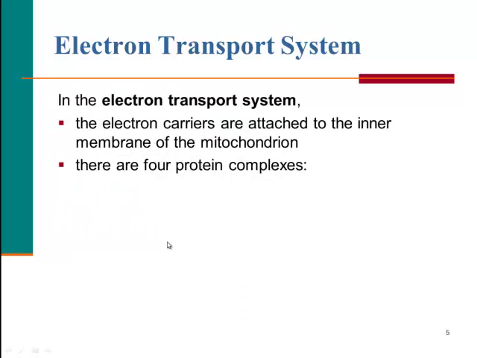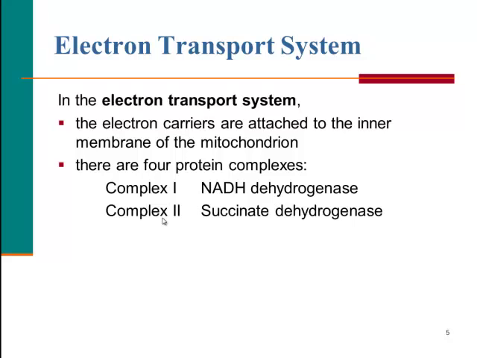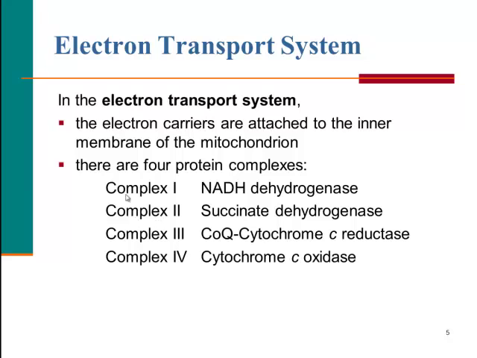So the electron transport system is housed in 4 very large complexes within the membrane of the mitochondria. The 2 that you're going to want to pay close attention to are complex 1 and complex 2. There are 4 complexes total, but complex 1 and complex 2 are the 2 entry points into the system as a whole.